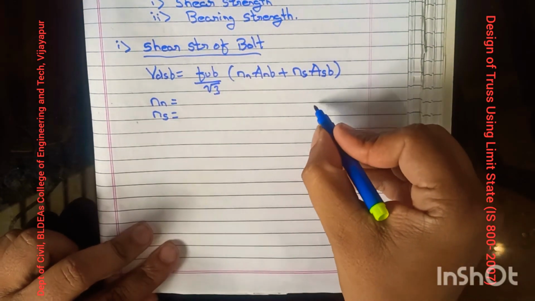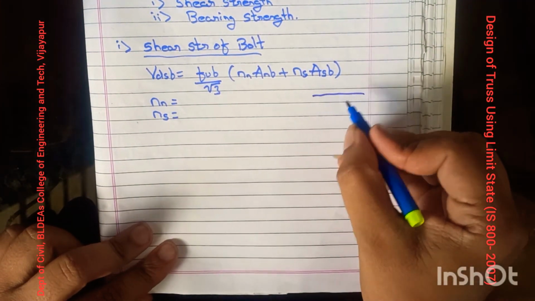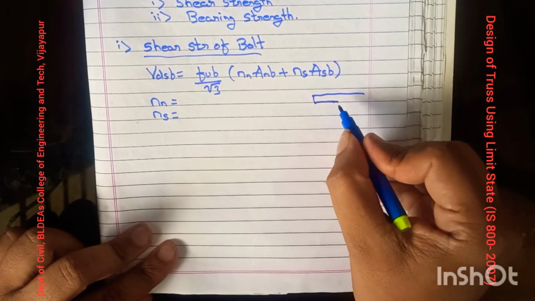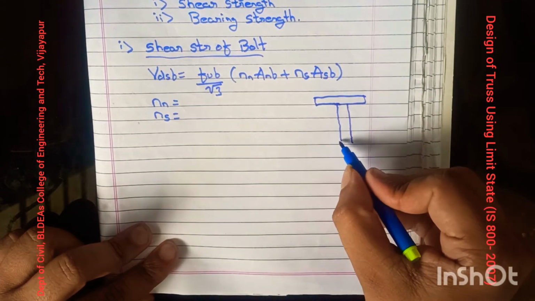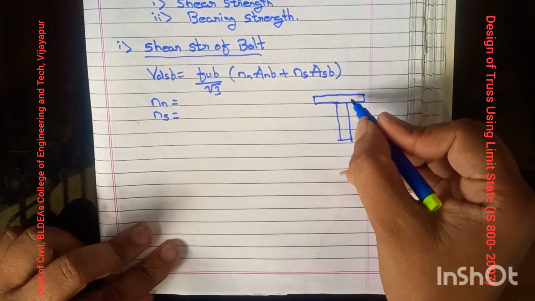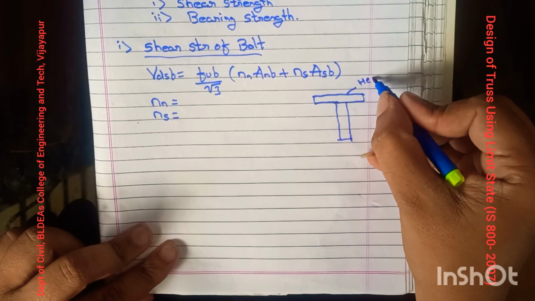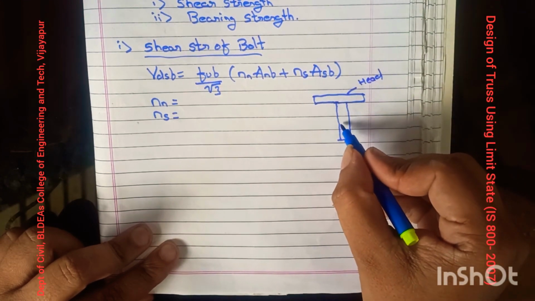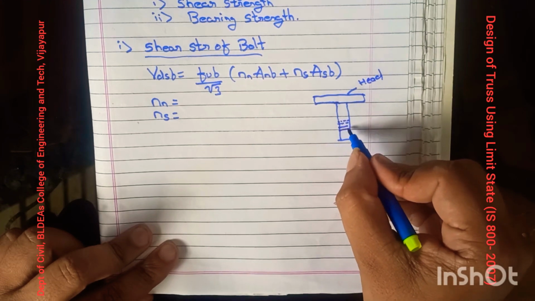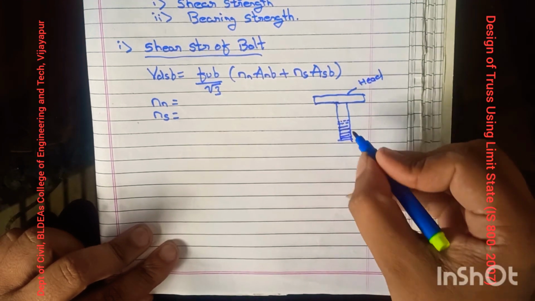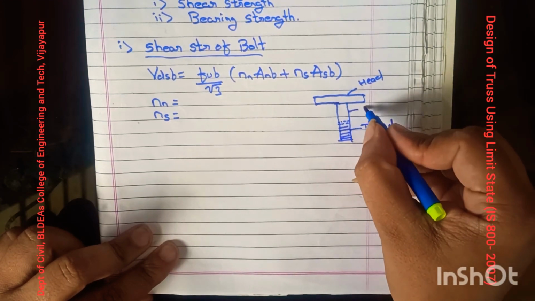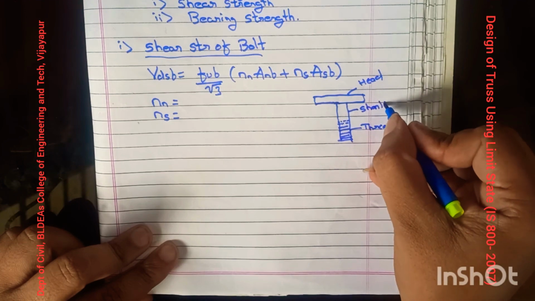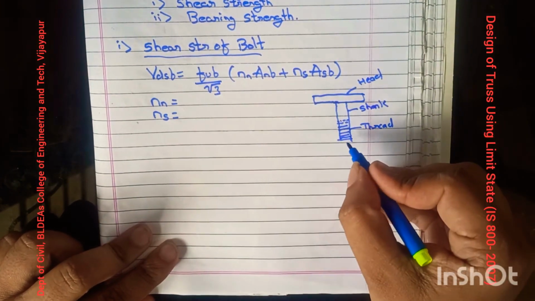So for any bolt, if I draw a sketch of a bolt, it will be like this. This is the bolt, this is the head. The bolt will have an area of threads like this. You would have seen it. This part is called the thread, and this part is called the shank.